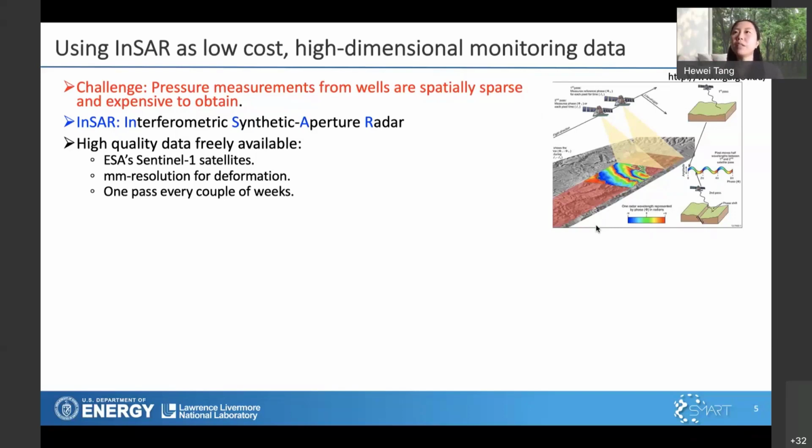One pass usually takes several weeks. So it means that we can have surface displacement measurements at a relatively high frequency, and these are really high-dimensional monitoring data. So it will be really interesting if we can make use of this data.